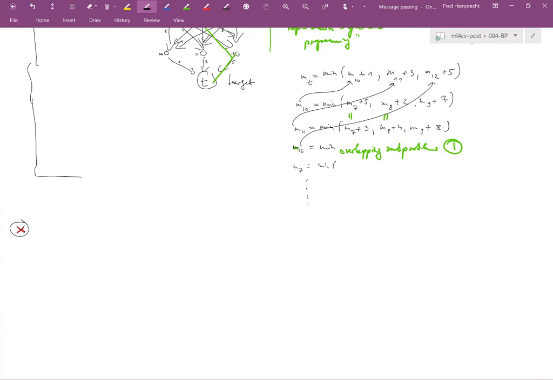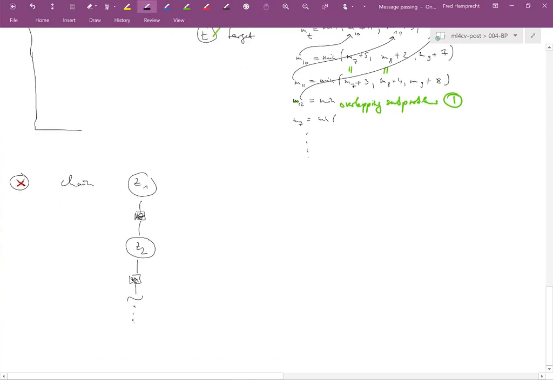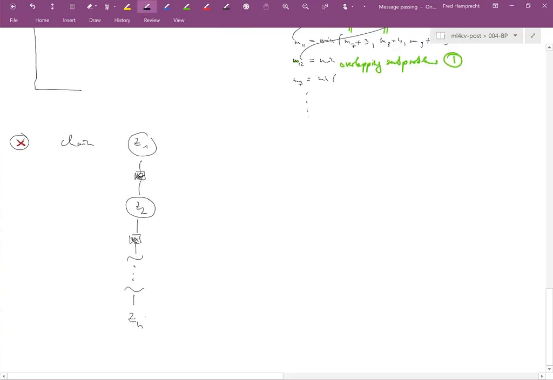We looked at a chain where we had Z1 coupled to Z2 coupled to, and so on, up to some variable Zn. And we were interested in recovering the minimum over all Z of our energy of Z.